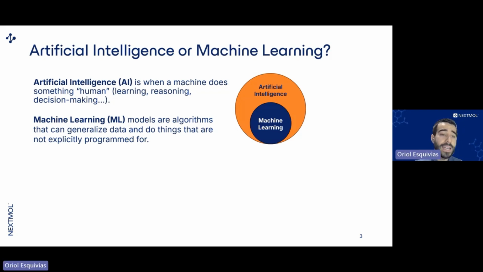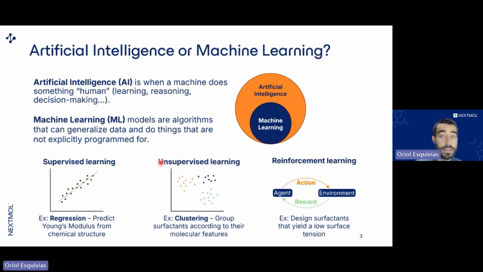And machine learning is a field inside artificial intelligence that is based on studying the algorithms that can generalize data and do things that are not explicitly programmed to do. Some examples of these machine learning models are these three types.